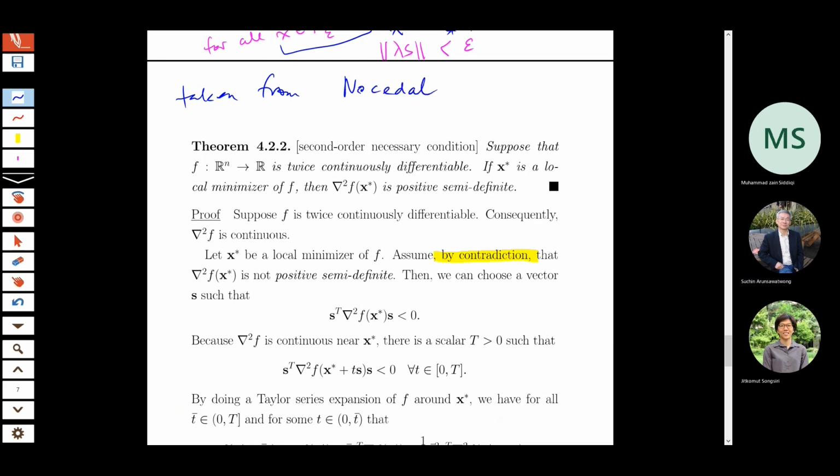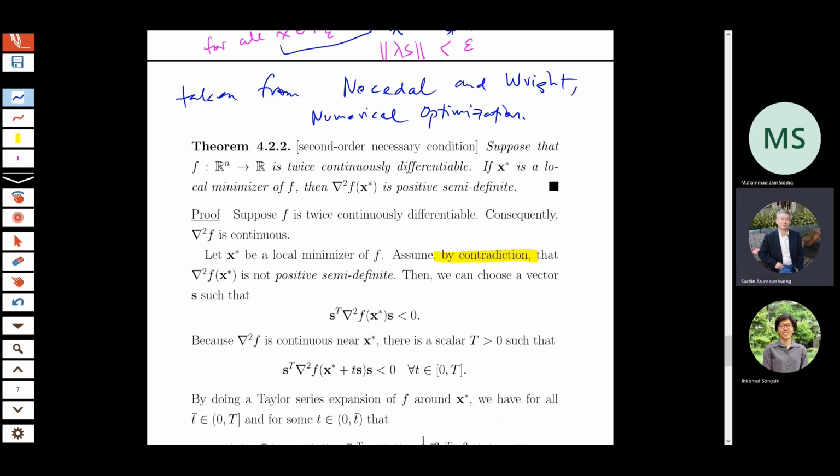Professor Nocedal is still teaching at Northwestern University in Illinois.